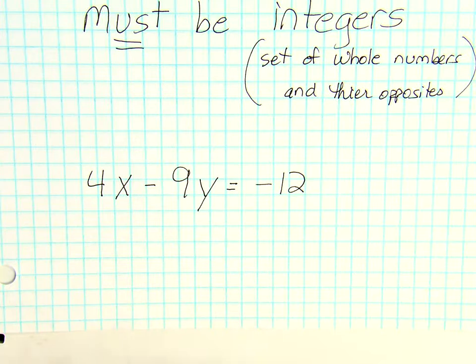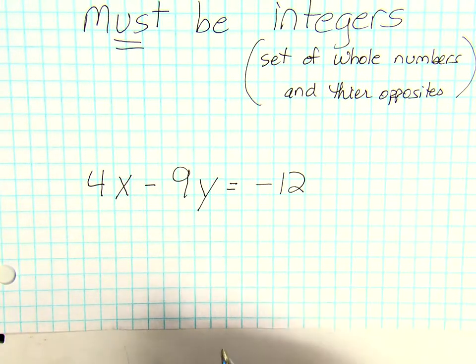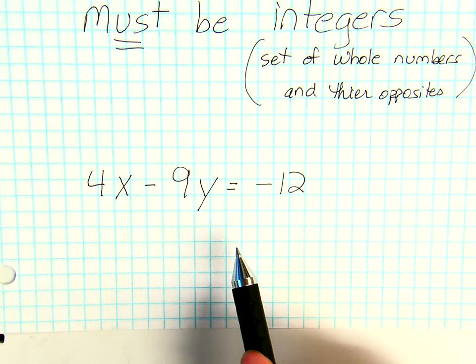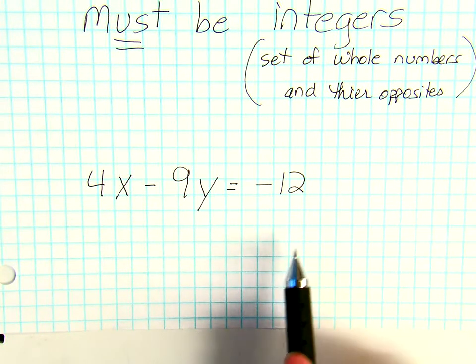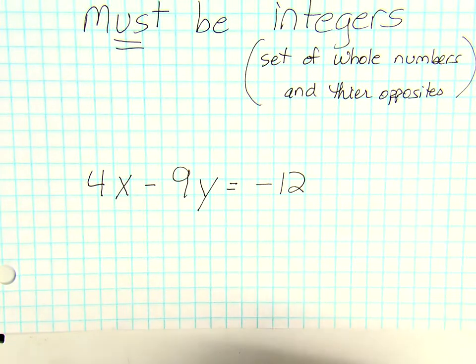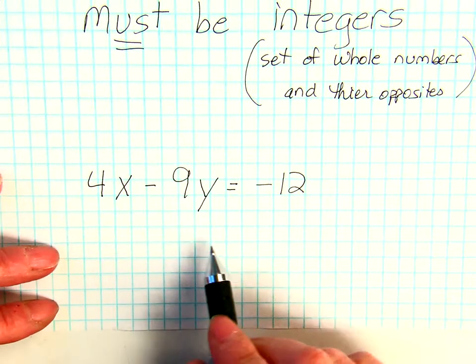We know that we can convert this into slope-intercept form, but we can also graph right from this form of the equation. So we're going to find our x-intercept and our y-intercept, and then I'll show you how we graph using those.